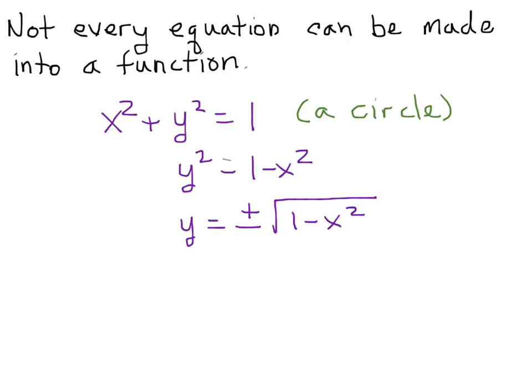So that's a circle with a radius of 1. If I want to make this y a function of x, I try and do this. But if I do this properly, when I take the square root of y squared, I'm going to end up with plus or minus the square root of 1 minus x squared. And so this cannot be a function the way it stands right now, where I just say, okay, for any particular value of x, I'll get 2 values of y, or up to 2 values of y. It's possible to get a single value, but in this case we usually get 2 values.